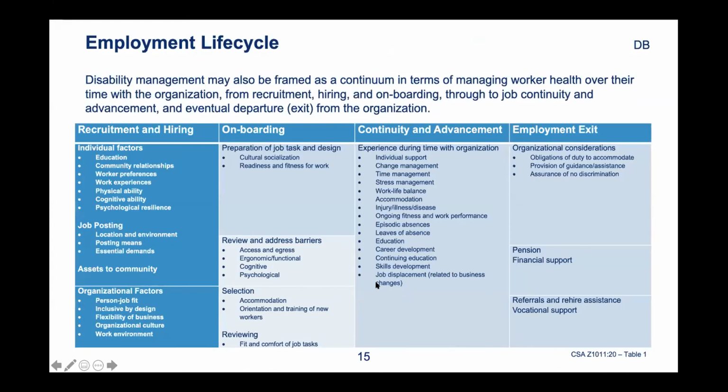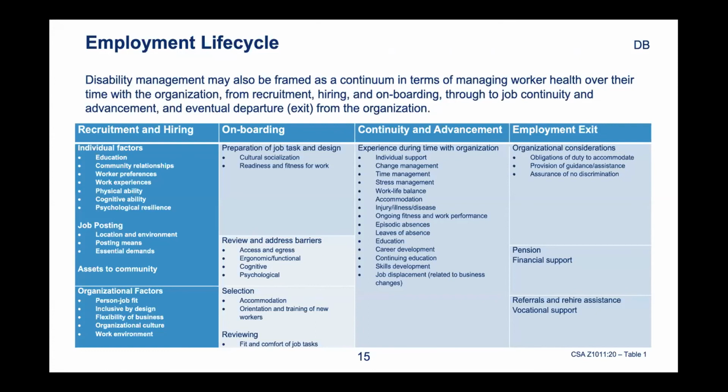I'm going to present this slide. This is really important as we're looking at the development of this standard. We looked into the whole employment cycle and identified factors that are important for workers. You're looking at a continuum in terms of managing work and health over the whole employment life cycle of workers.